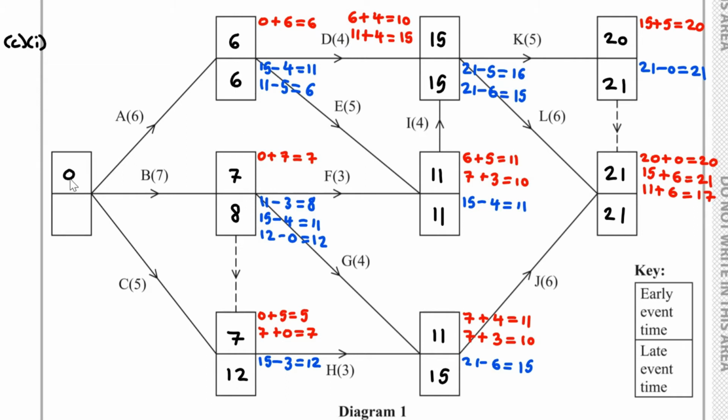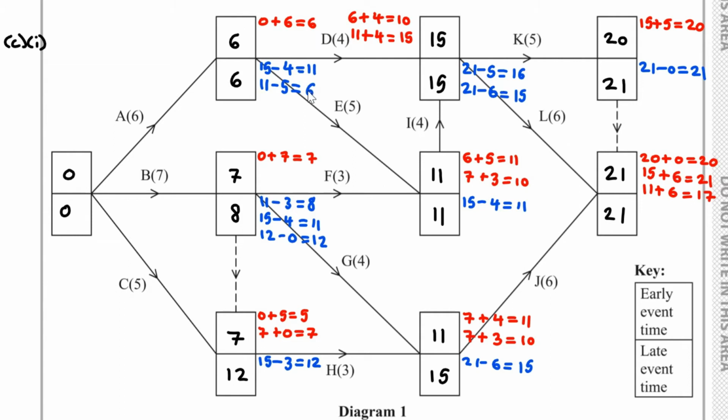And if we arrive at this point, of course, for the late event time from the source node, we want a 0. And this can be achieved by working backwards.